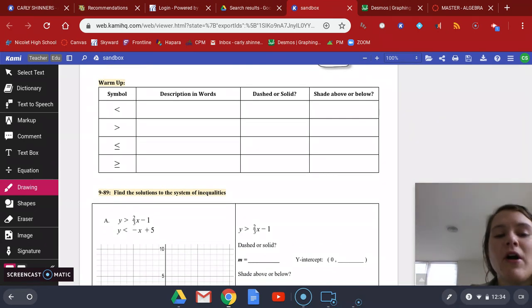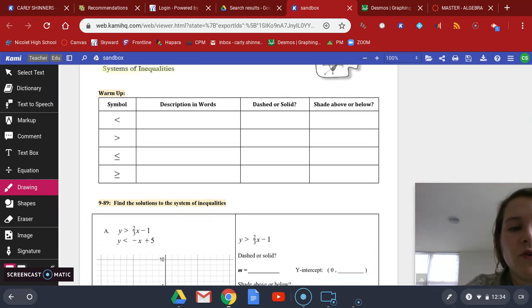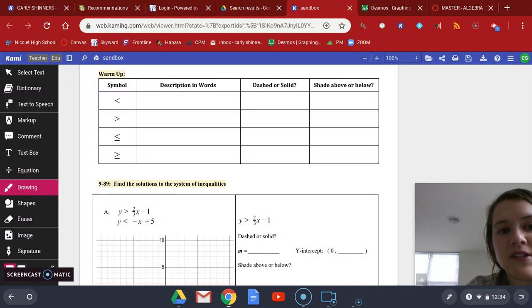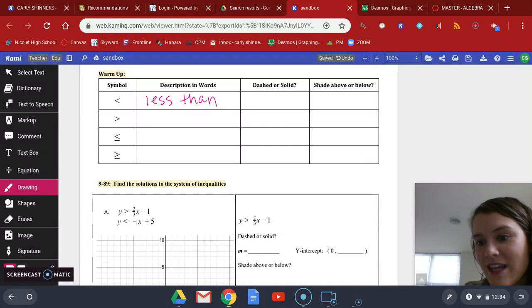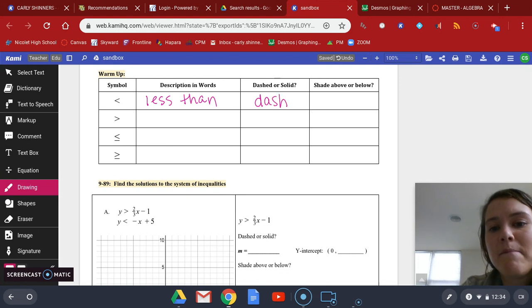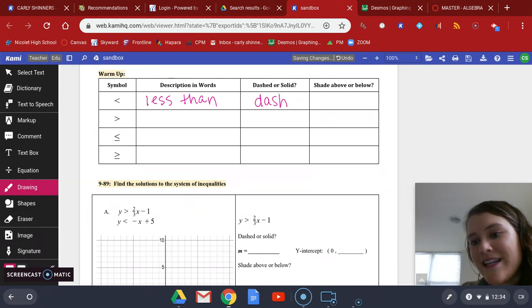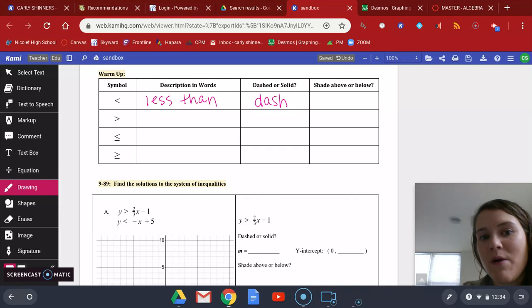So this first symbol, I kind of remember it looks like a slanty L. That's how I always remember. This means less than. And so if I want values that are strictly less than something, then I'm going to dash my boundary line, because that boundary line is not included in my solution, since I want things strictly less than it, not less than or equal to.